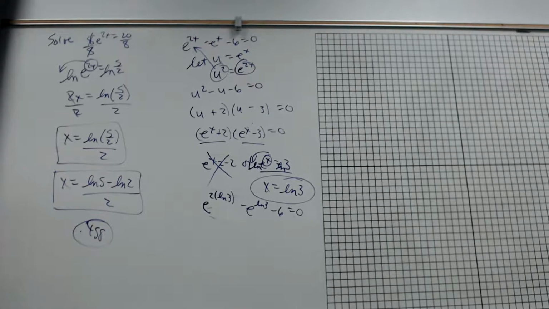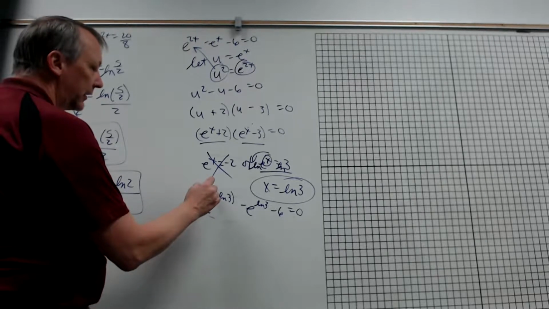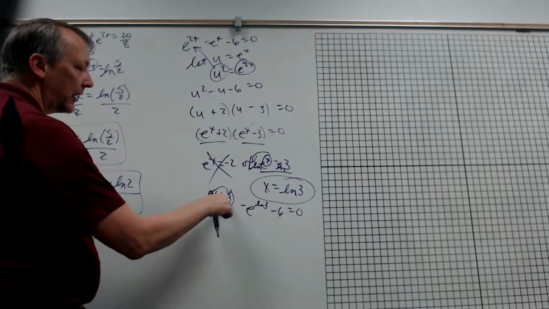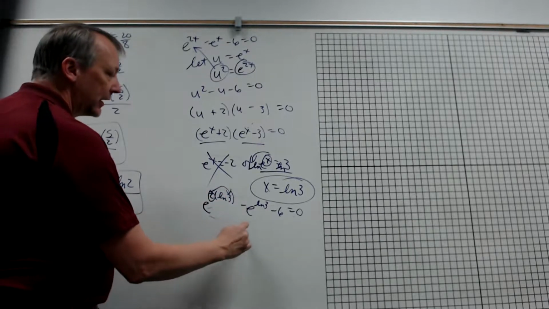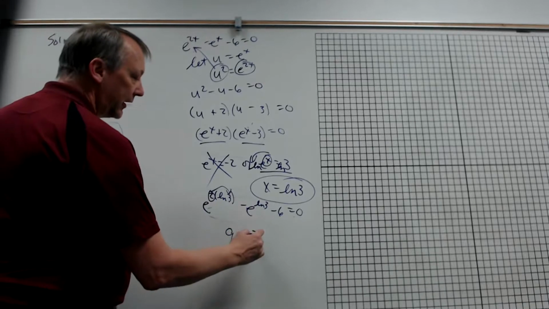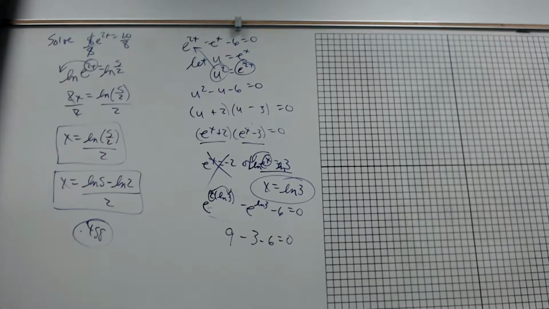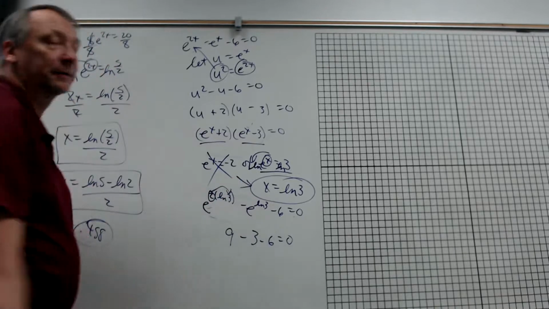So I could pull this up here, and that becomes e to the ln of 9, right? So 9 minus 3 minus 6 does equal 0. Not the easiest thing to check, but that is correct. So your correct answer is x equals the ln of 3.